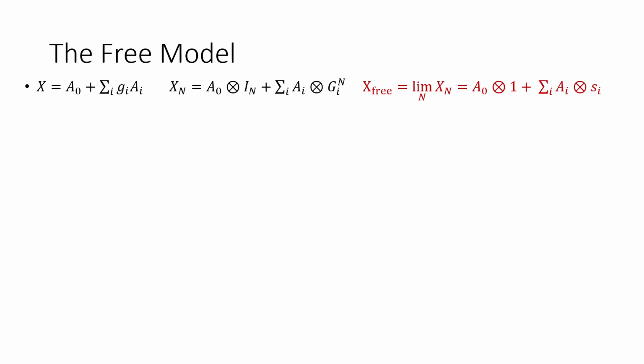We first define a bigger lifted Gaussian matrix Xn, which you can write as A0 tensor identity n plus summation over i of Ai tensor g_i^(n), where g_i^(n) is an n by n GOE matrix. Basically, you're replacing each Gaussian scalar random variable by an n by n GOE matrix. Then when you take the limit as n goes to infinity, you replace each GOE matrix by a semicircular random variable.